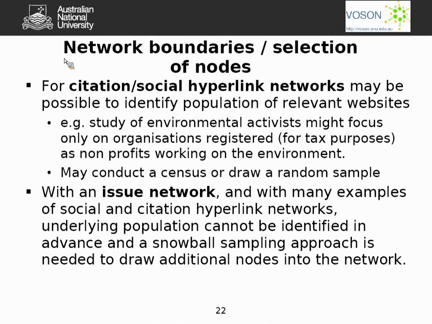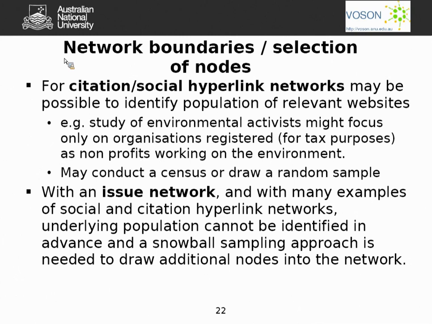For example, you might be interested in studying environmental activist organisations who have some official status, in the sense that they're officially registered as non-profit organisations in the US for tax purposes, so there might be a listing of them. That could be your population, and then you could conduct a random sample of those sites, and I've seen work like this, and then construct the hyperlink network of that random sample.